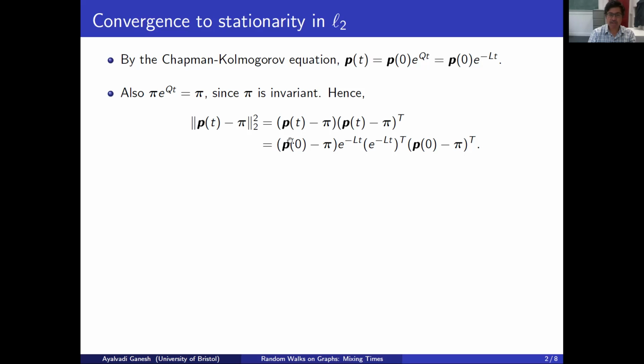So we've written P(t) minus pi as (P(0) minus pi) e to the minus Lt. And the transpose of that is the transpose of the terms in the product in reverse order. (AB) transpose is B transpose A transpose. Okay, so we've just written that here.